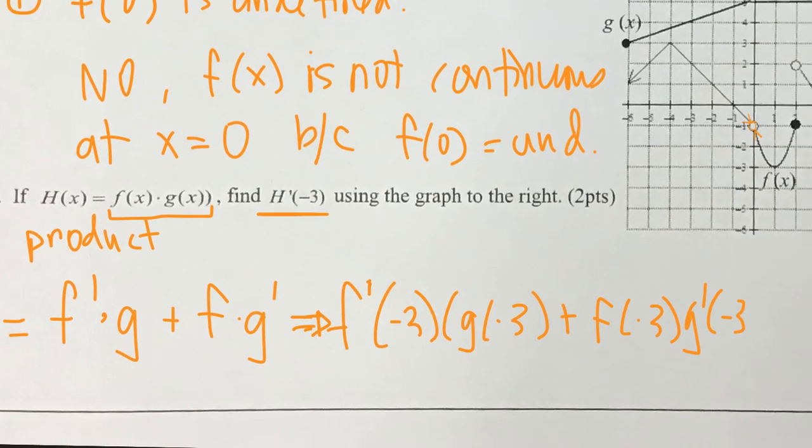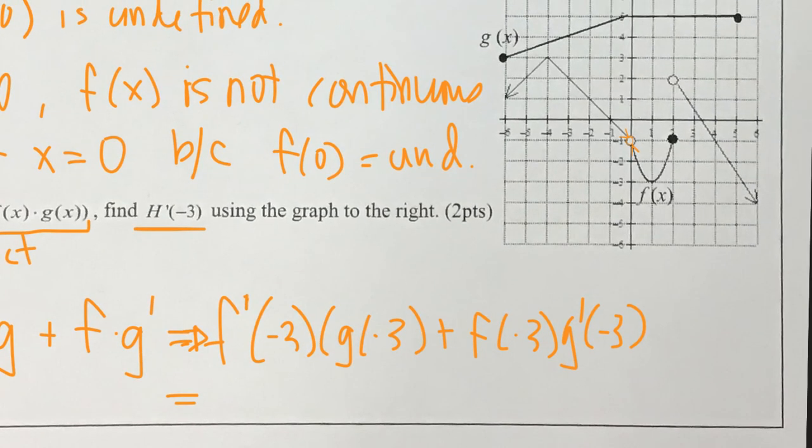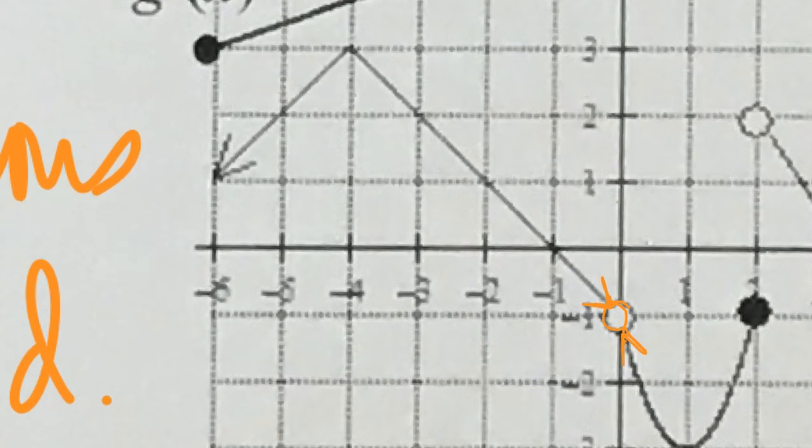Remember, the primes are the slopes. So we're going to have to look at the line and calculate the slopes of that line at each of these x values. Okay, so let's see what those are. The slope at negative 3 from our f graph is negative 1, right?